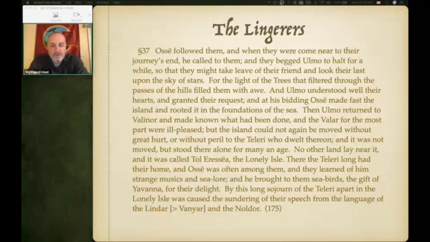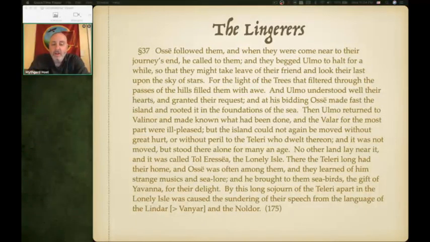Then Ulmo returned to Valinor, and made known what had been done, and the Valar for the most part were ill-pleased. But the island could not again be moved without great hurt, or without peril to the Teleri who dwelt thereon. And it was not moved, but stood there alone for many an age. No other land lay near it, and it was called Tol Eressëa, the Lonely Isle.